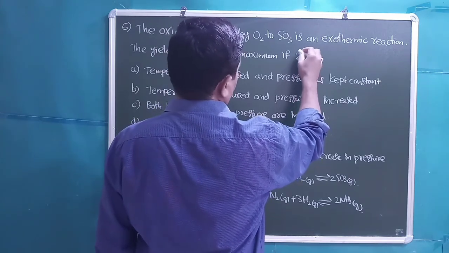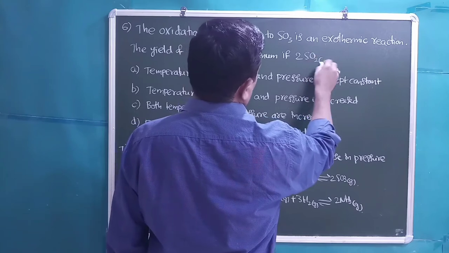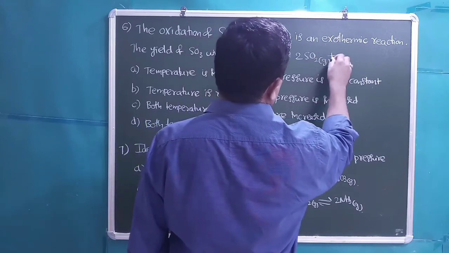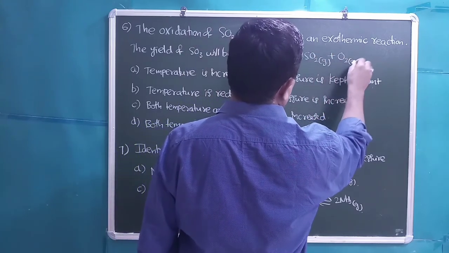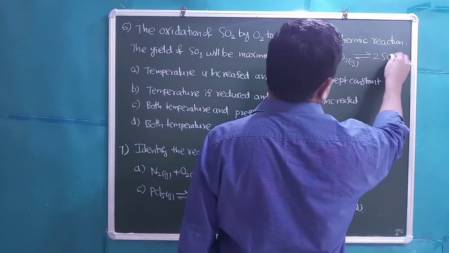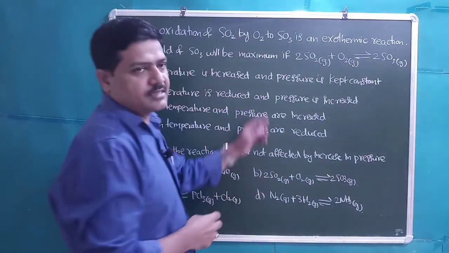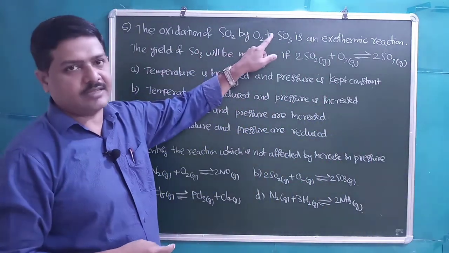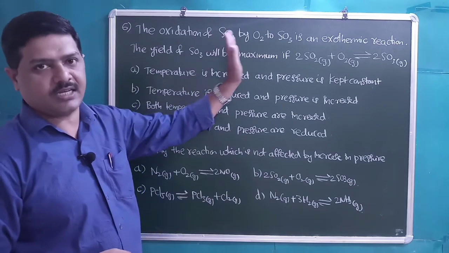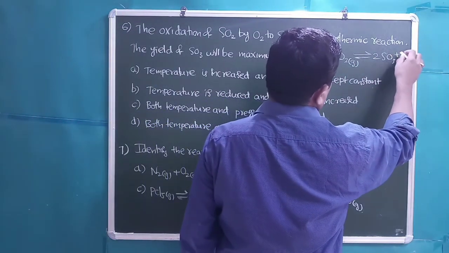The balanced equation we can write as 2SO2 gas plus O2 gas in equilibrium with 2SO3 gas. It is given that this reaction is exothermic. Forward reaction is exothermic, so plus Q we can write on the product side.